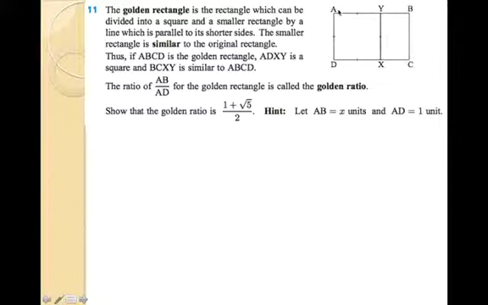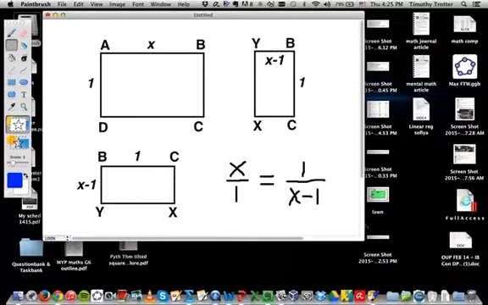Well, A to y is 1 because this side is 1. If this side is 1, this is a square. All these sides right here are equal to 1. So AB is x, AY is 1, so what's left over is x minus 1. So this part of it is going to be x minus 1, so I label this as x minus 1.